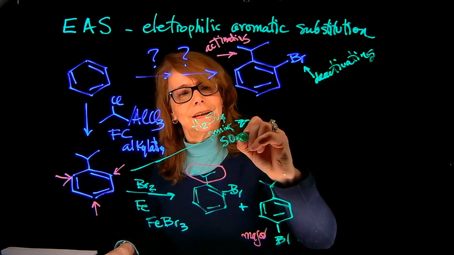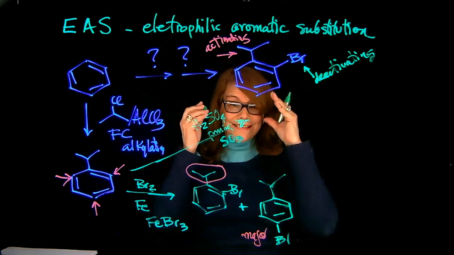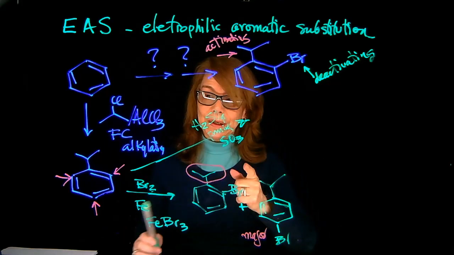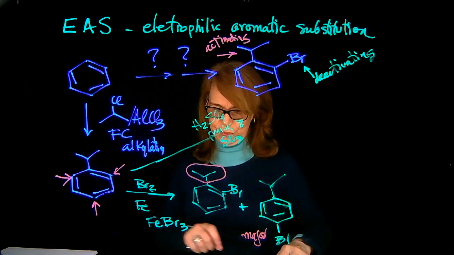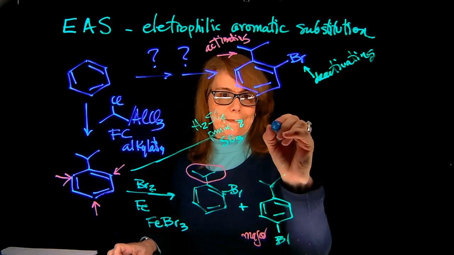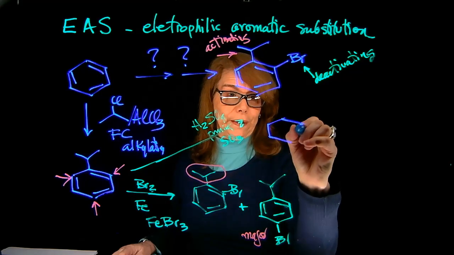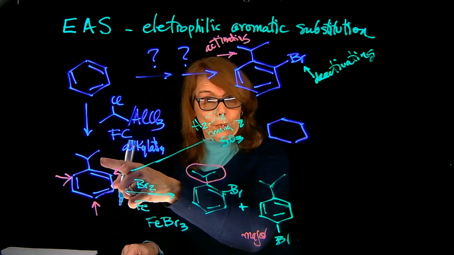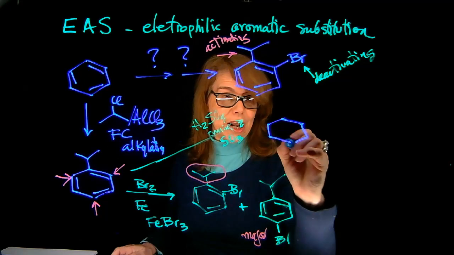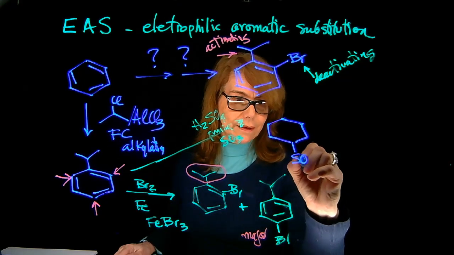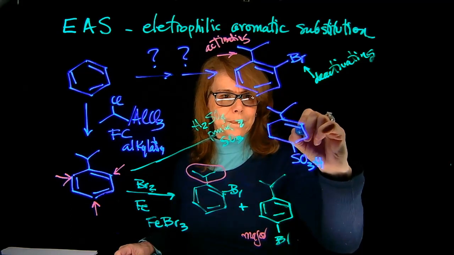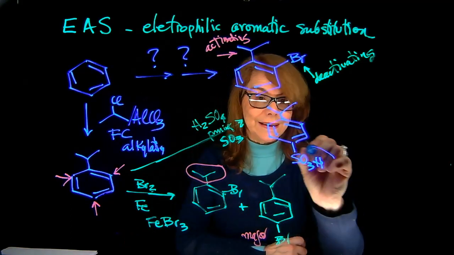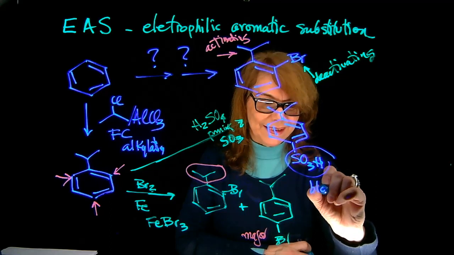This is a large group, and because it's large and isopropyl is large, it's going to prefer para. This is activating ortho-para, yes, but this is large. Your major product is the para-sulfonic acid, and this is my blocking group.